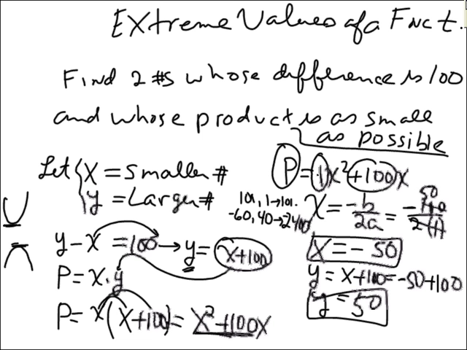Our product was negative 2,500. When the numbers are 50 and negative 50, the difference is 100 and the product couldn't be any smaller. If two numbers differ by 100, the product will always be bigger than negative 2,500, except when you use negative 50 and 50, and you get negative 2,500.